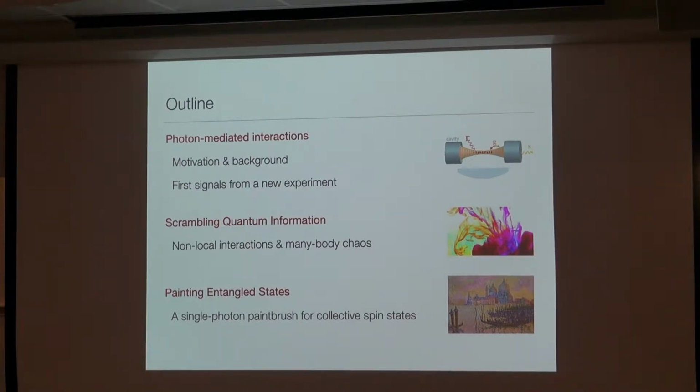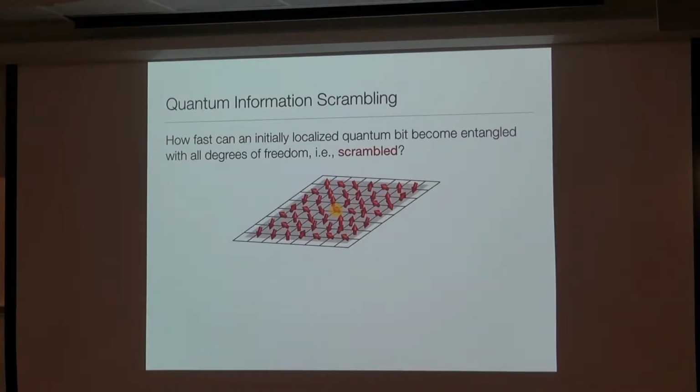Let me start with some motivation that comes from this dropping a dye in the ocean picture. It's actually a metaphor for a question about quantum information. If I have a qubit encoded locally in some many-body system, how fast can the information, through interactions, spread over all degrees of freedom?